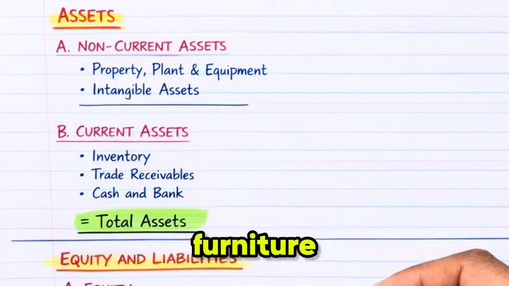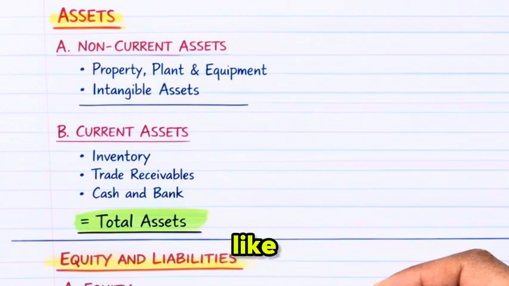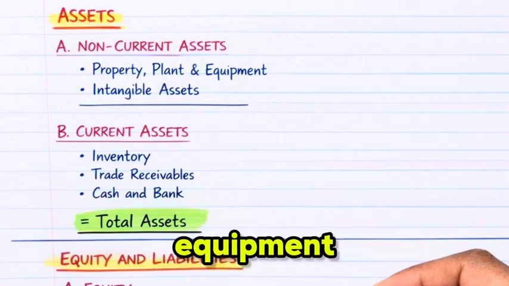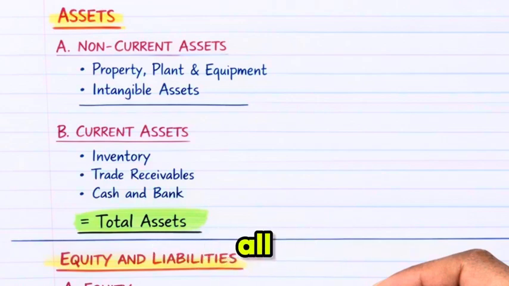Property could be like furniture and fittings. Plant could be like your power plant. And then you could have the equipment, which is equipment, of course. So you bring all of this as a line item. After that, you go to another line item, which is intangible assets.